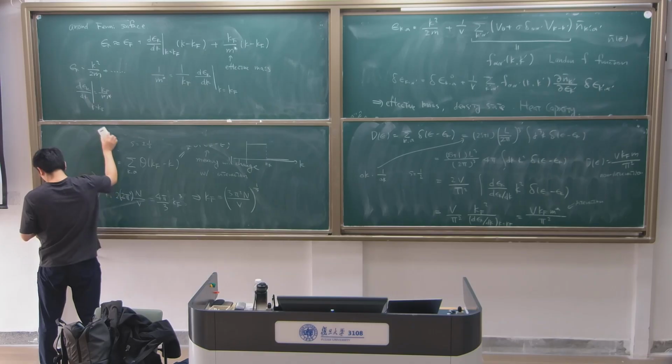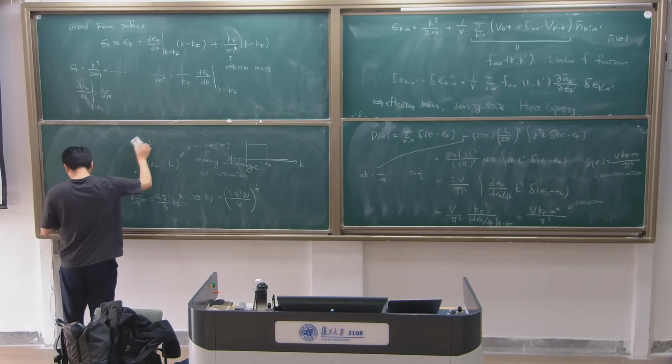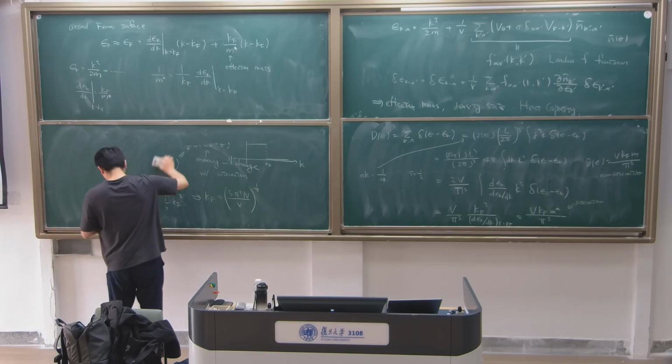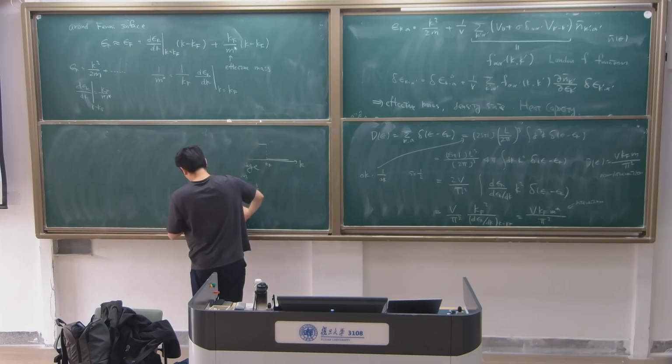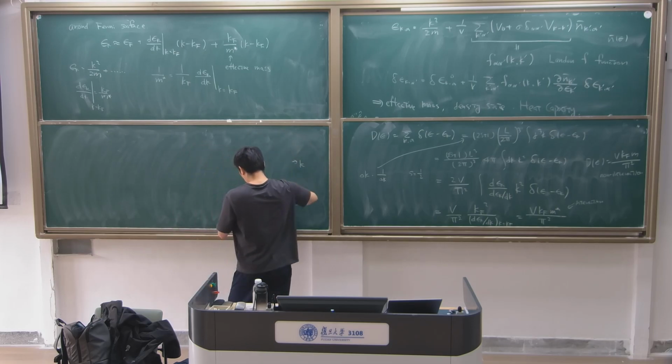And the rest of the calculation is also the same as before. You just change the m to m star. You do the computation.